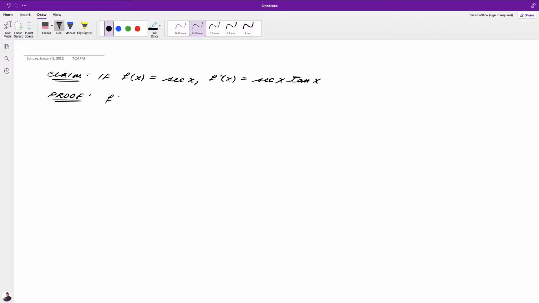Okay, so f prime is going to be the same thing as the limit as h goes to 0 of the secant of x plus h minus the secant of x all over h. Okay? By definition.